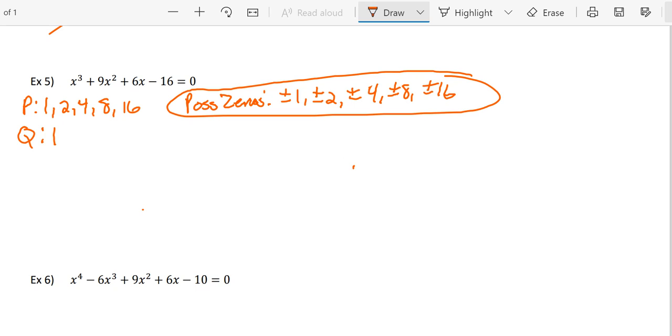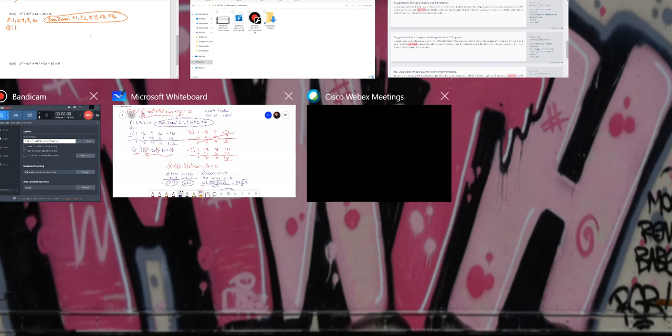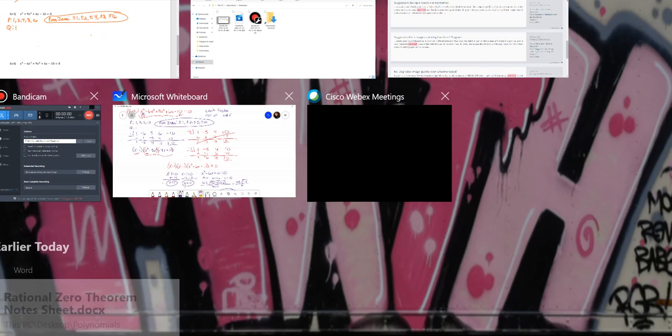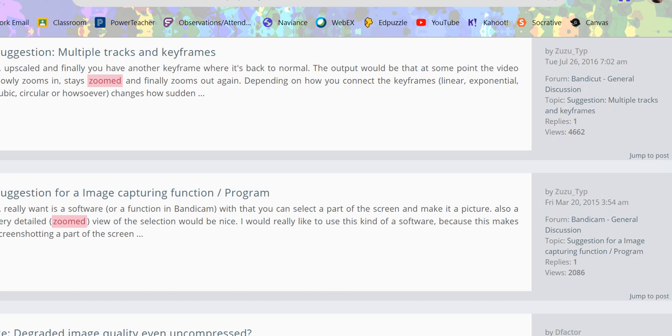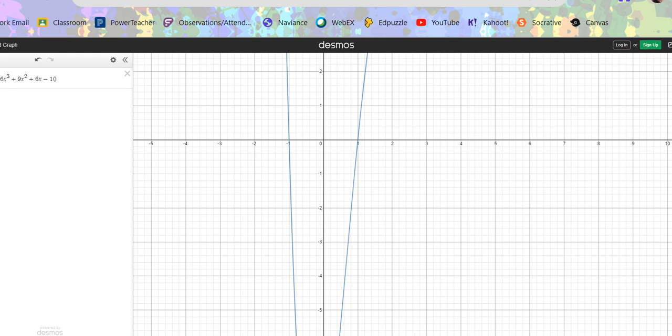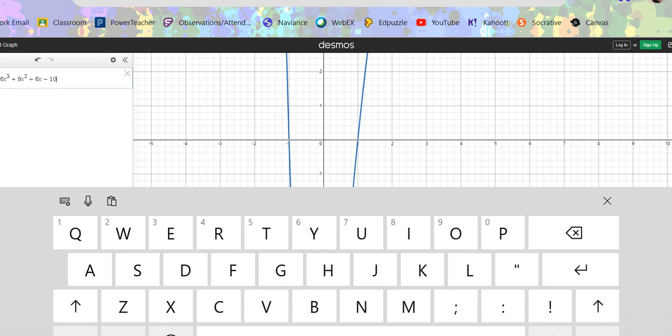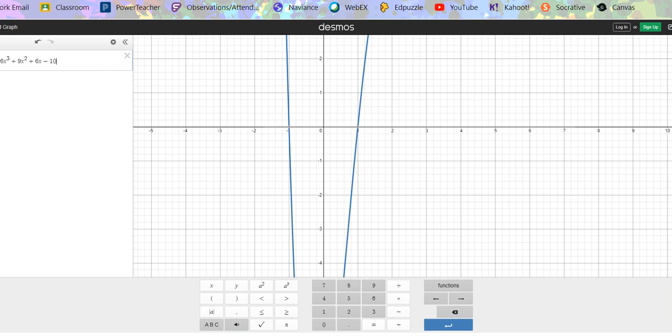Now, we're going to cheat a little bit because what I suggest you do is that you go to your graphing calculator. So I'm going to open up mine really quick. I'm going to go to Desmos here, and I'm going to open up my graphing calculator, and I'm going to graph the function.